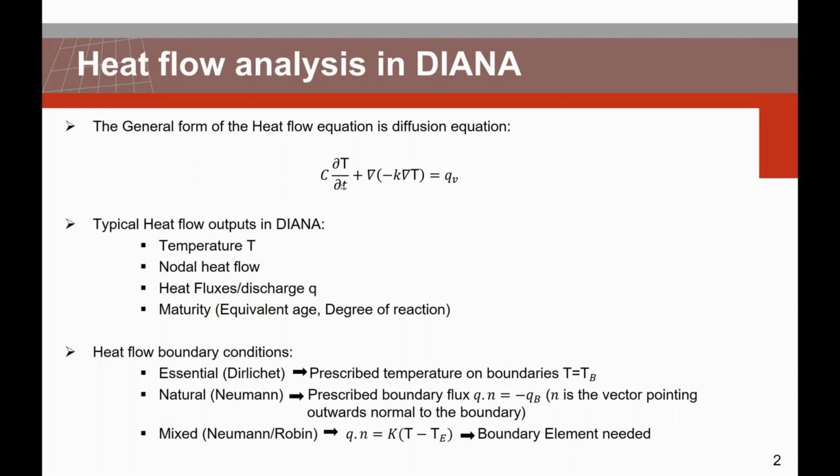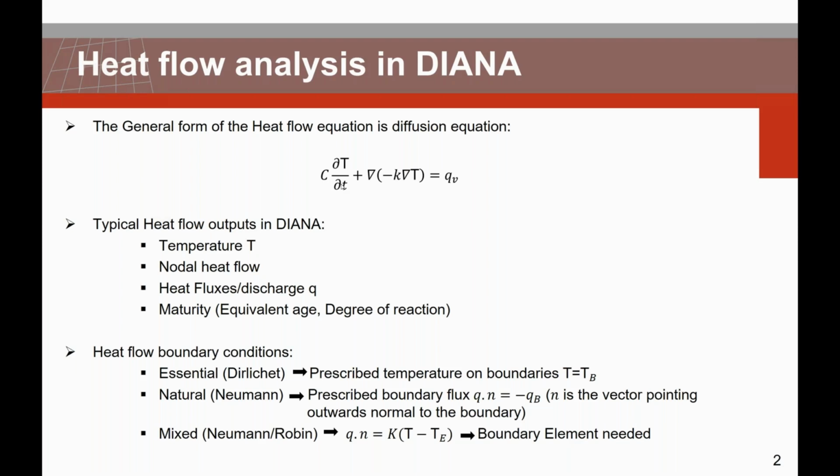Regarding the boundary condition, you can consider three classes. The essential one, also called the Dirichlet boundary condition, where you prescribe temperature on boundary. So you assign a certain temperature TB, for instance, or a fixed temperature, 0. The natural one, also called the Neumann boundary condition.